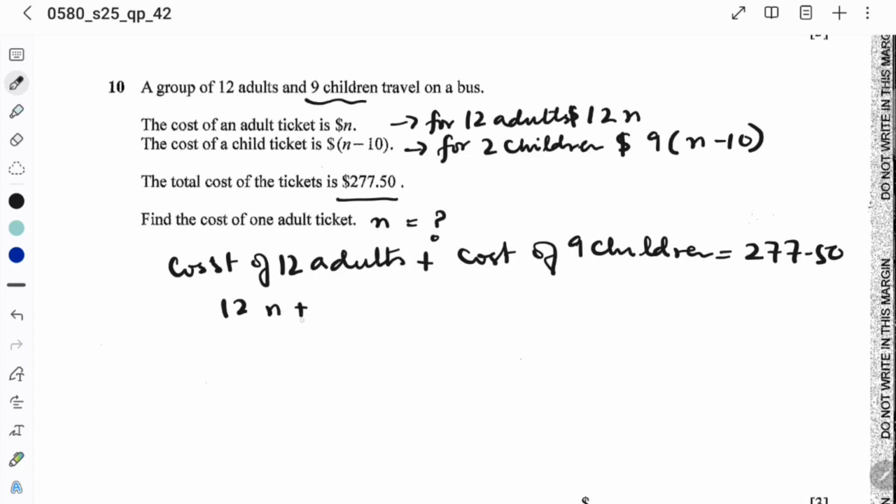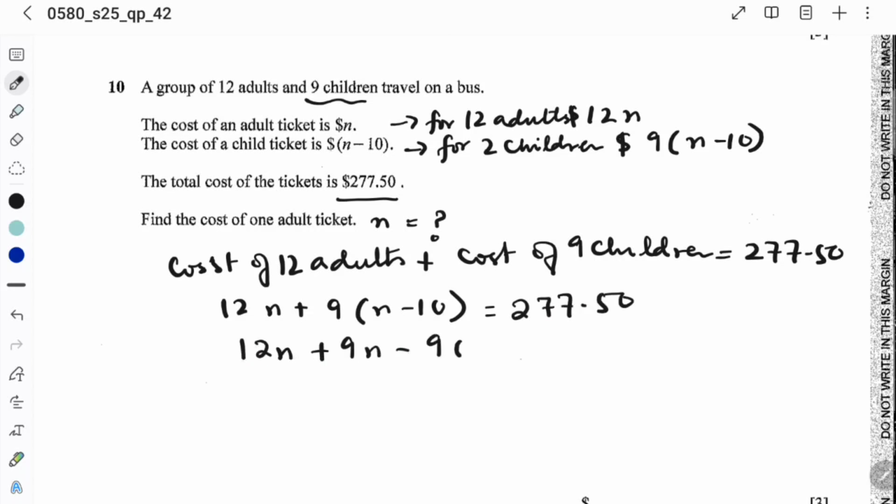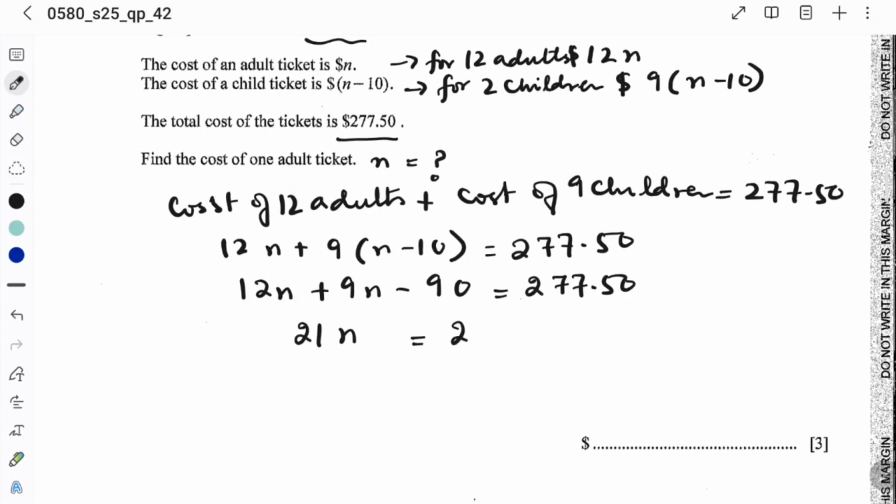So 12n plus 9 times n minus 10 is equals to 277.50. 12n plus 9n minus 90, we are going to multiply 9 with both n and 10. So 12n and 9n is 21n, equals 277.50 plus 90.